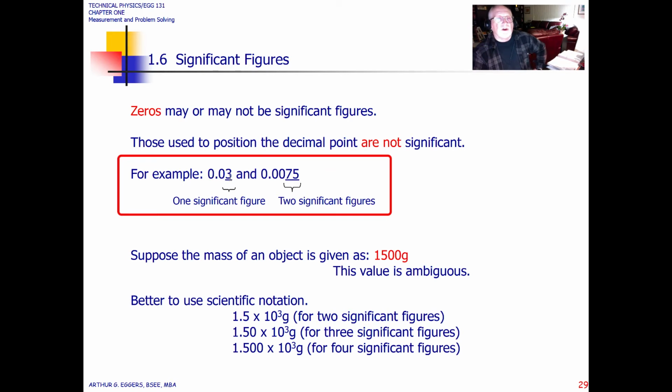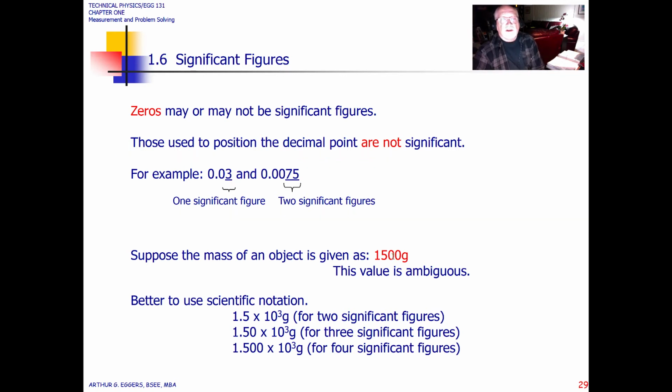So with the first one, the 3 is the only significant figure. In the second example, the 5 is the only significant figure. So the leading zeros in this decimal do not make the cut in terms of significant figures.